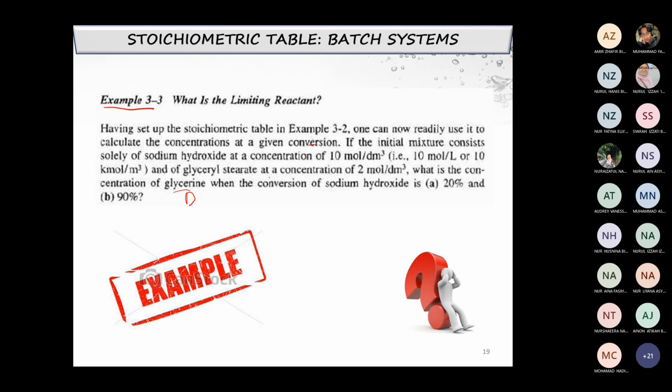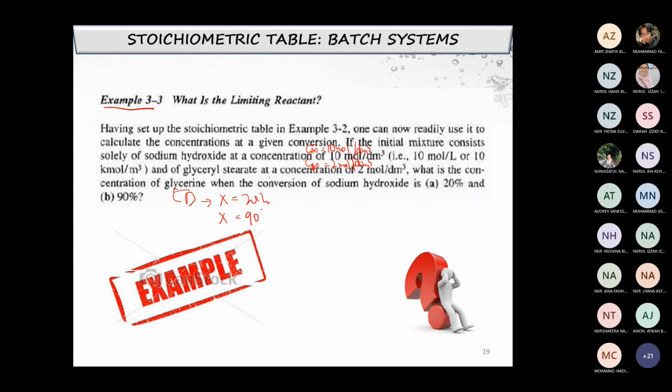So dia dah bagi dah CA0 adalah 10 mol per decimeter padu ni. Okay, and then we have a glycerol stearate which is CB0 lah, 2 mol over decimeter cube. Okay, so this is the X. So you can cari what is CD bila conversion dia dekat X equals to 20%, another one which is X equals to 90%.